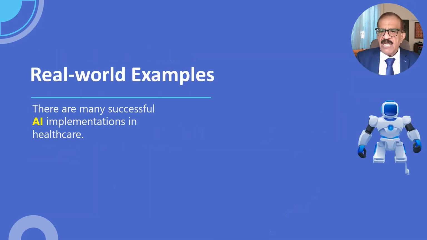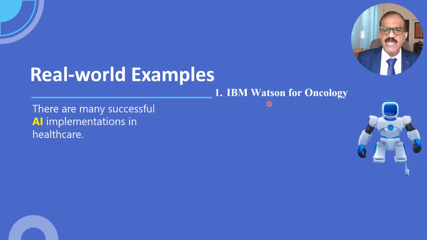Now let me give you some real life examples, real world examples. There are many successful AI implementations in healthcare. IBM Watson for oncology, very sophisticated software which can diagnose even the rarest possible cancer, and based on that person's profiling can guide which particular anti-cancer therapy would be best for that particular patient.